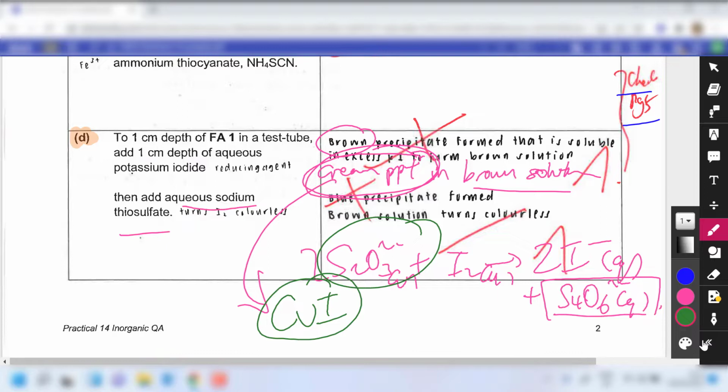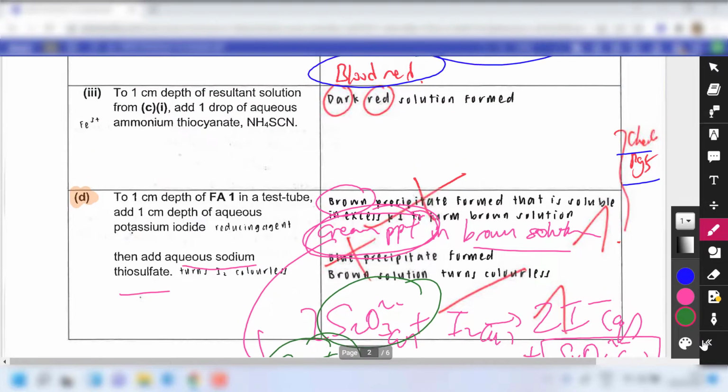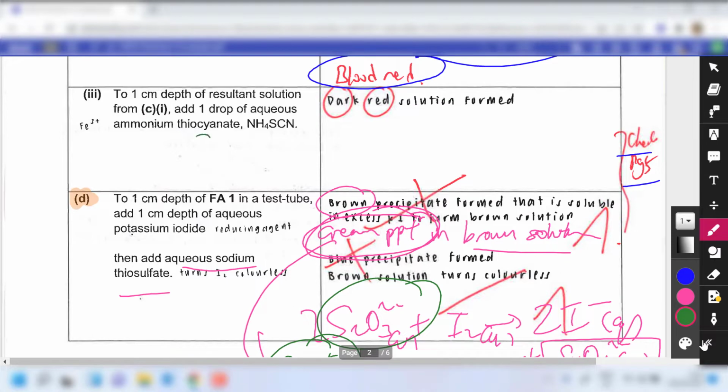If you're wondering what exactly is taking place, I can explain a little bit, but of course page 5 explains it as well. Copper 2 has very interesting chemistry here, because in the presence of iodide, it will be mildly reduced.